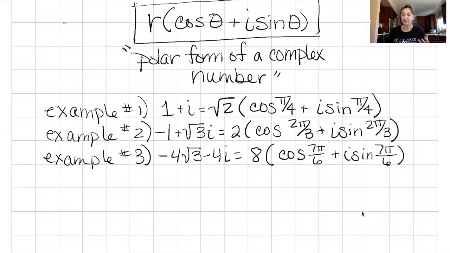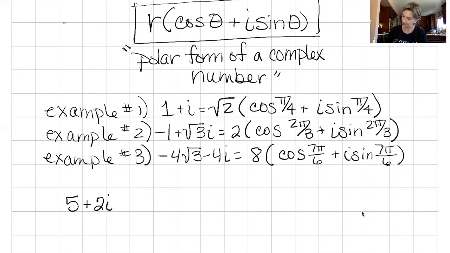Okay, let's do one where we do the whole thing at once. Okay, let's say we have 5 plus 2i. And I want to convert that into polar form of a complex number. This is rectangular form. I don't want rectangular form, I want polar form. So to do that, I need to solve for r and for the angle. The first thing I do is solve for my modulus.